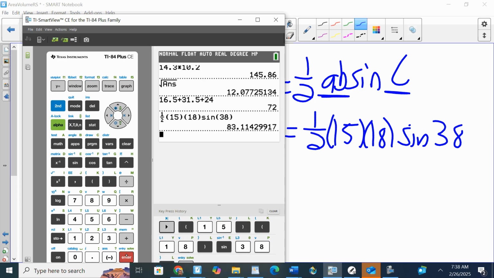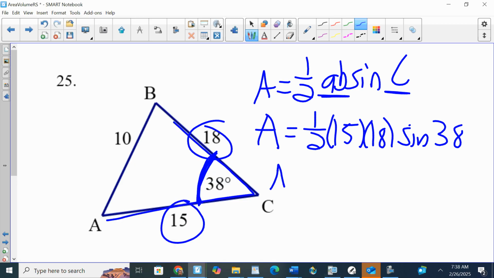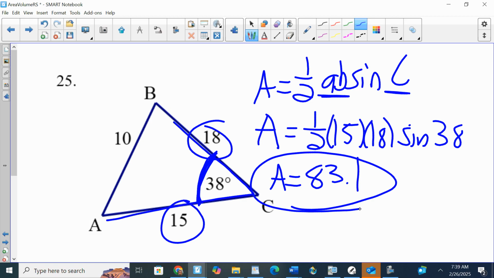I don't know what it said to round to. I'm going to guess the nearest tenth, 83.1. So area of any triangle, half A, B sine C, where you have 2 sides in the included angle. The lowercase letters are your sides, the uppercase is your angle.